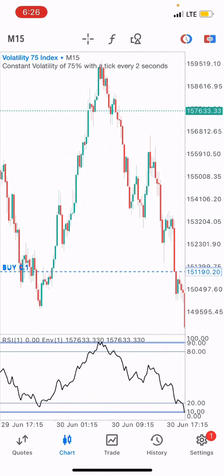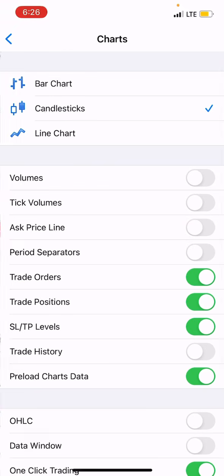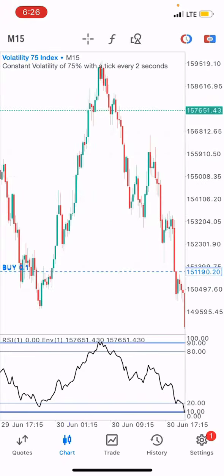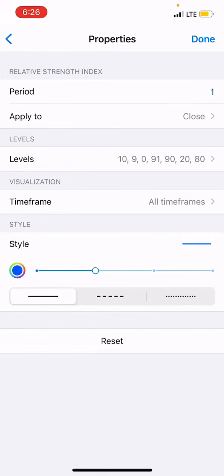So then the settings, let me show you guys the settings. This is the settings. We basically have two indicators. The first one is the relative strength index, RSI. The period is 1, applied to close.